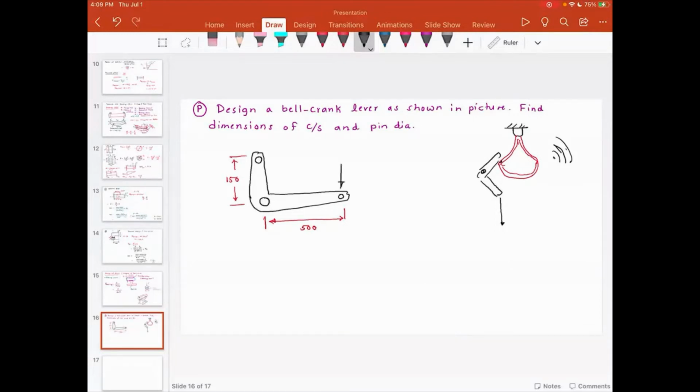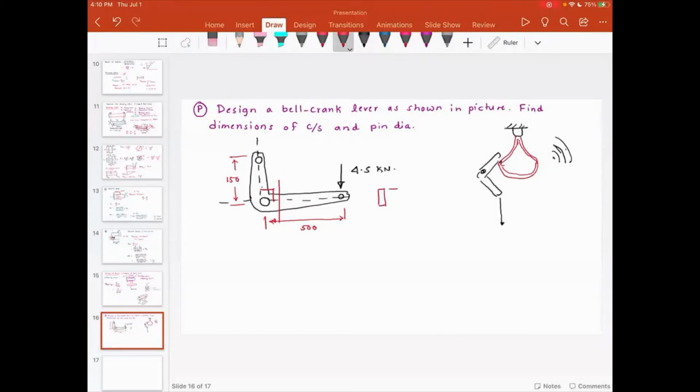The two cross sections are perpendicular to each other, and we have to find the dimensions of the cross section.